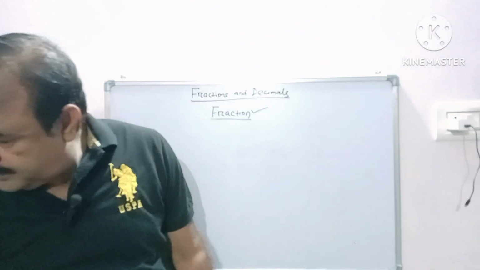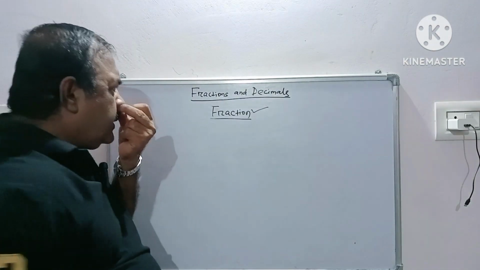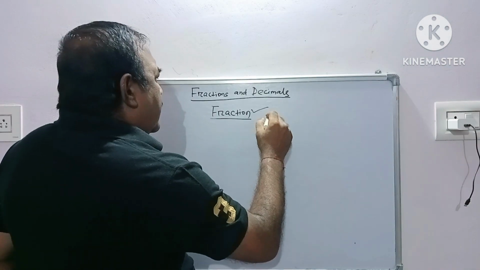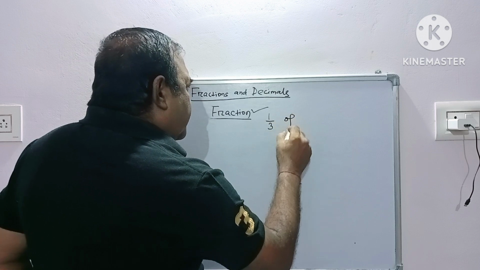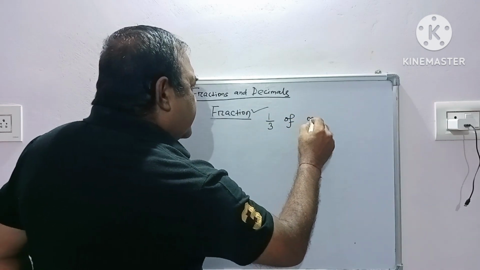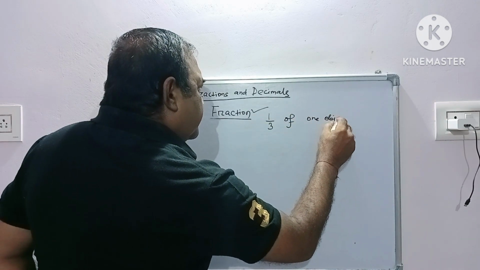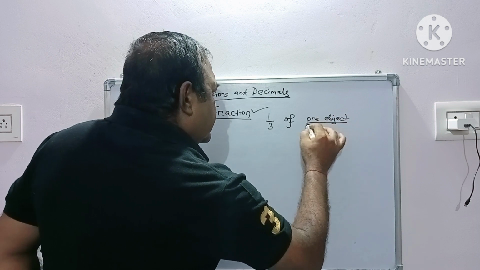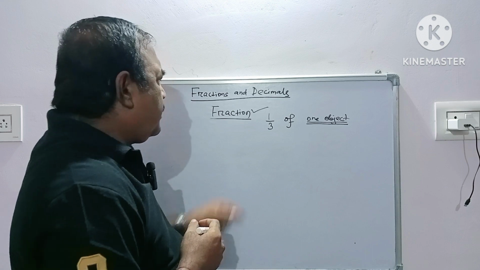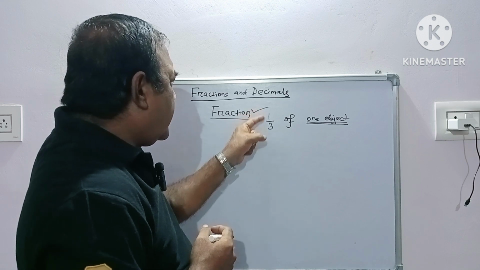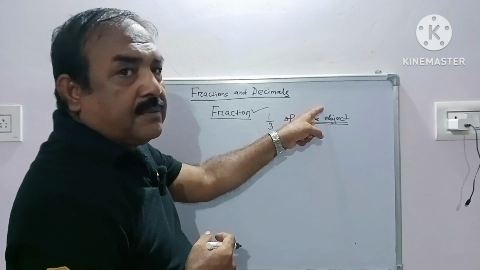Suppose I took 1/3 of one object. One object means that is a whole. So I have to take 1/3 of one object.